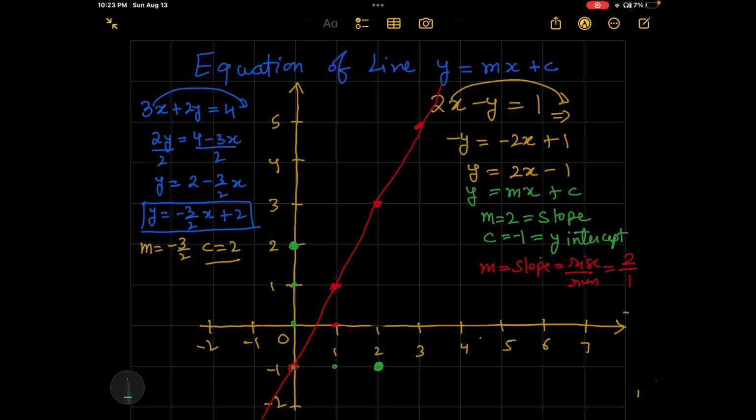So this is the point through which this line should pass. So let's connect these two. And that is that. So the line 3x plus 2y is equal to 4 looks like this green line.